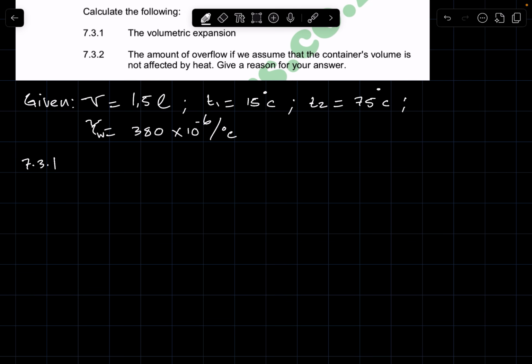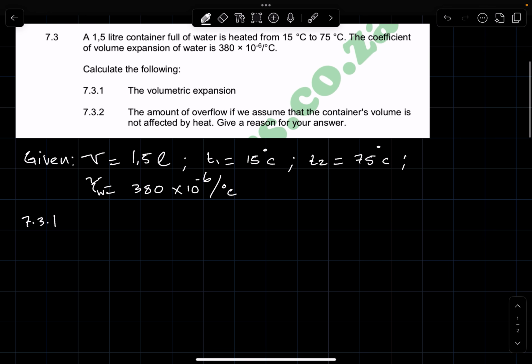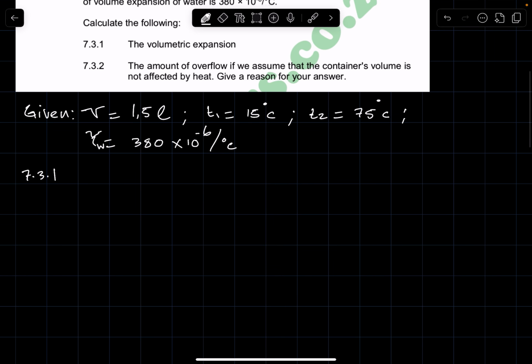Volumetric expansion of water. Now remember that expansion is the same as the change in volume. Whether that is linear expansion, area expansion, or volumetric expansion, if you are asked to calculate the expansion from one perspective, it means they want you to calculate the change. The change and the expansion, or the change and contraction, is the same thing.